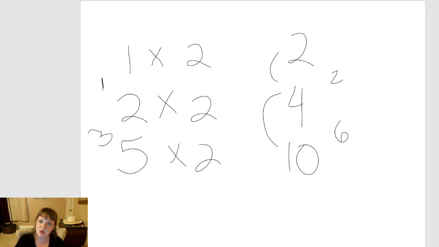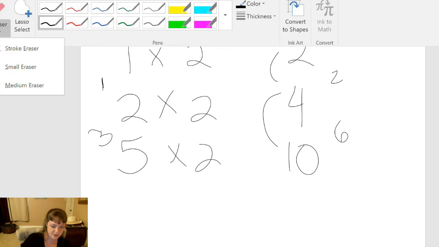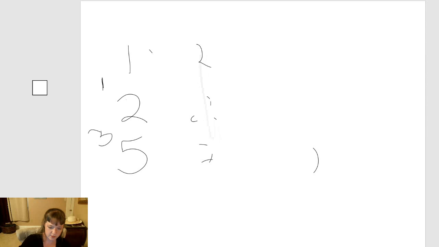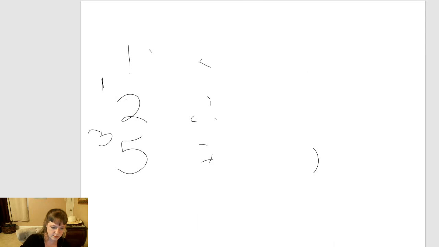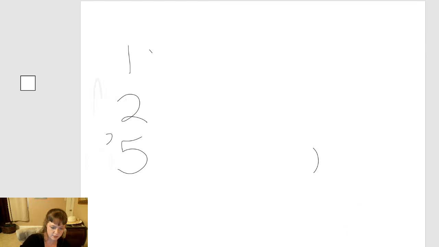Now let's see what effect squaring these values has, and see how this changes things. So now I'm squaring. Wow, 1 is affected not at all.